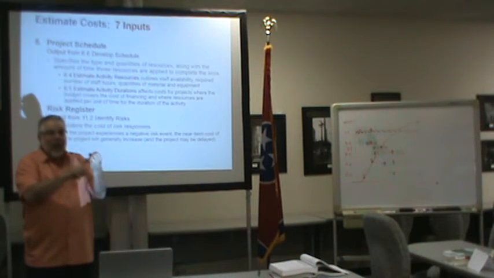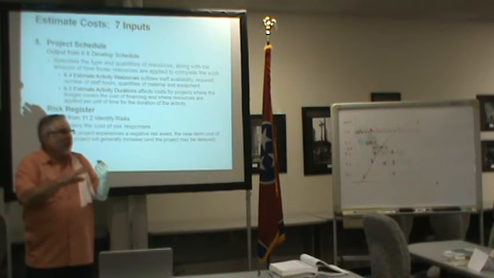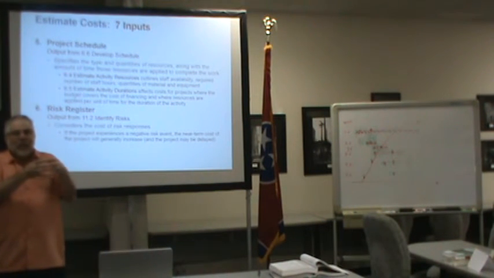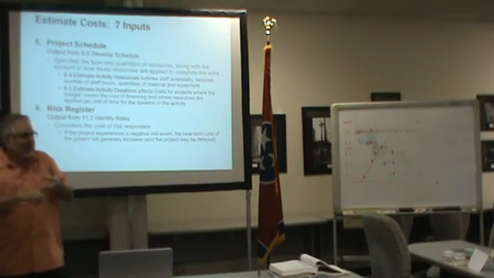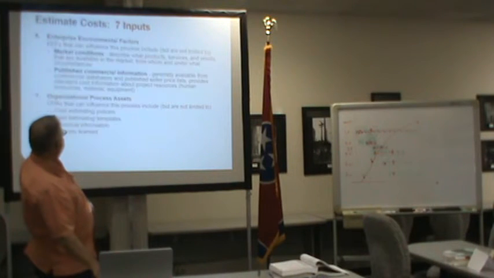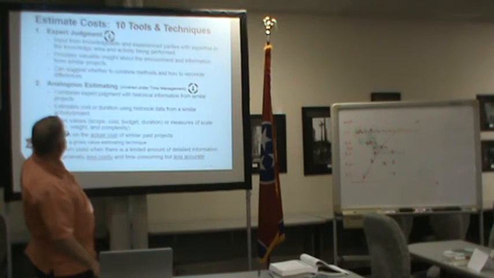Yeah, I'm going to spend money and resources and schedule, right? So if I develop risk responses, I've just modified my cost, schedule, scope, right? I've changed the WBS, so that would make sense. EEFs and OPAs, well, that makes sense.